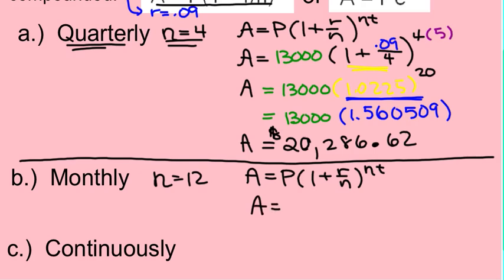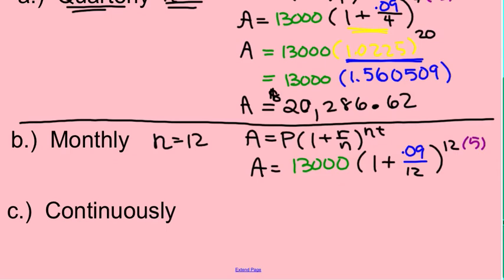Our initial investment, $13,000. Our interest rate of 9%. But now it's compounded monthly, so our N is 12. And then it's 5 times because of 5 years.